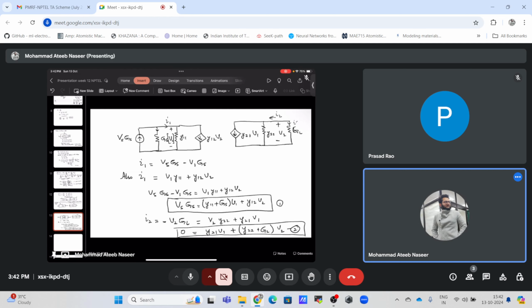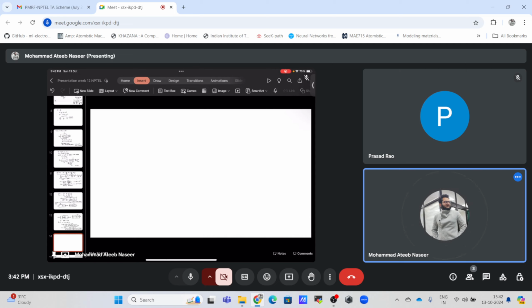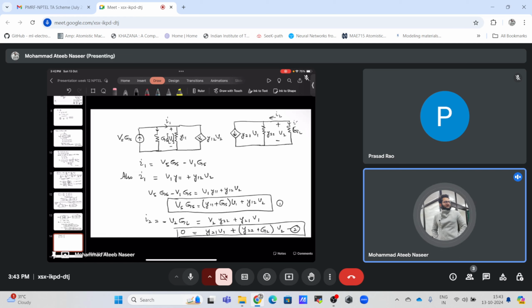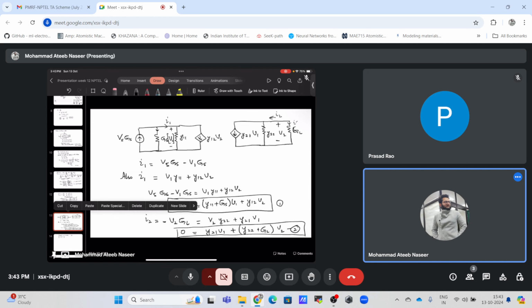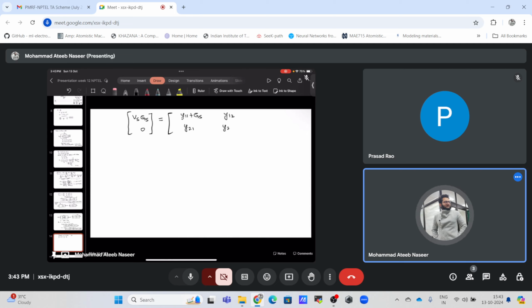The equations will be like this: Vs times Gs and 0 is equal to the matrix with Y11 plus Gs, Y12 in the first row, and Y21, Y22 plus GL in the second row, multiplying V1 and V2.